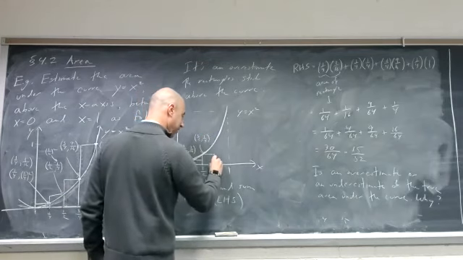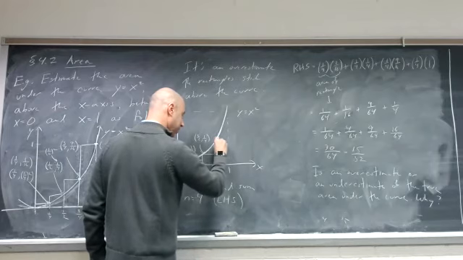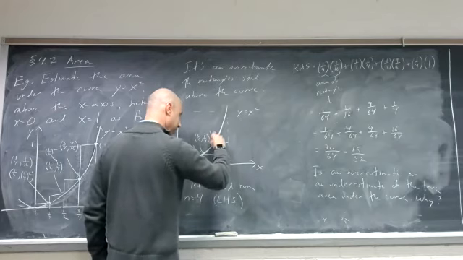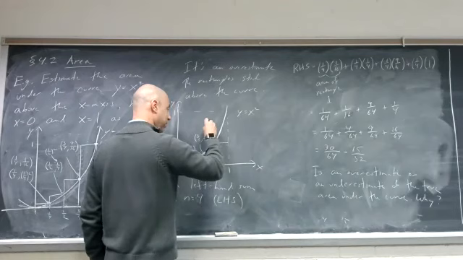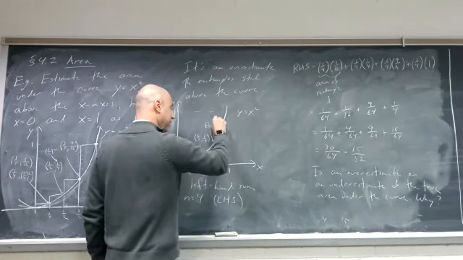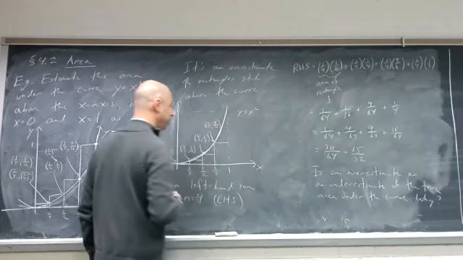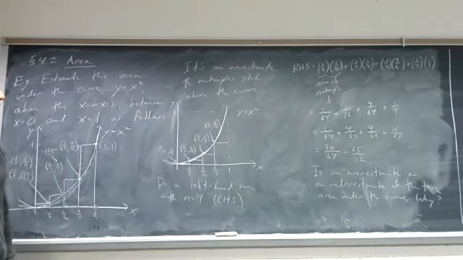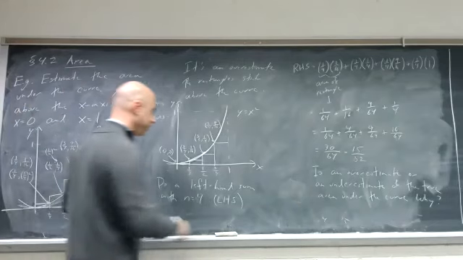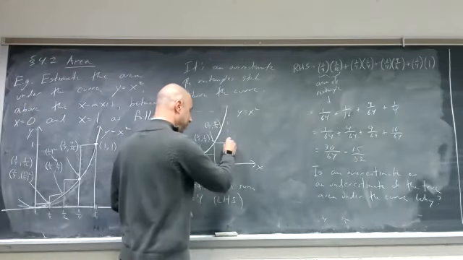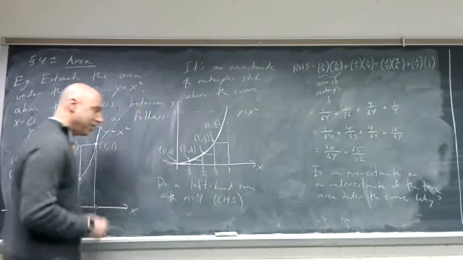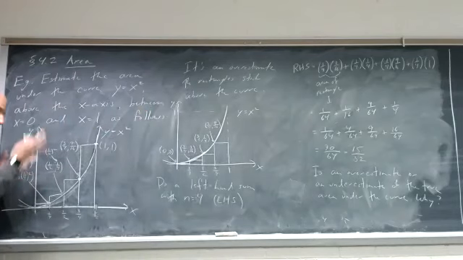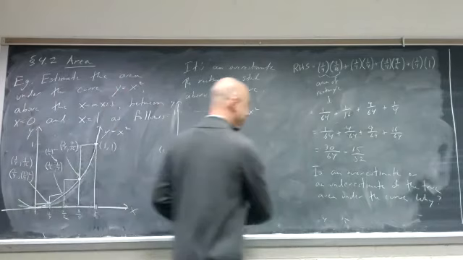And the fourth rectangle touches the curve at 3/4, where the y coordinate is going to be 9/16. So 4 rectangles. These 4 rectangles look a lot like these. You can see there's one clear difference.